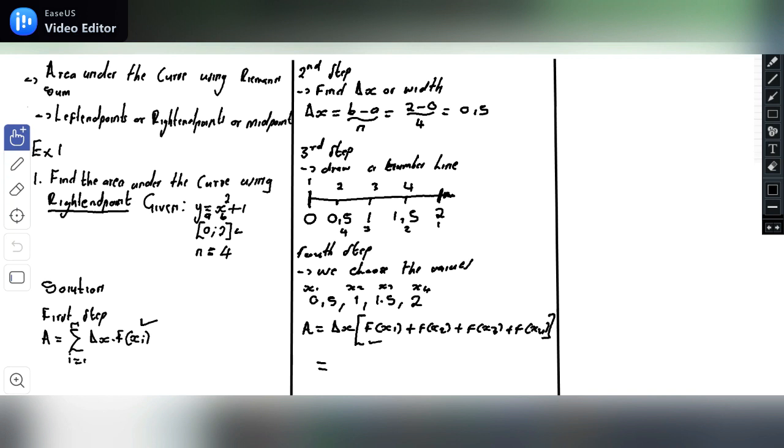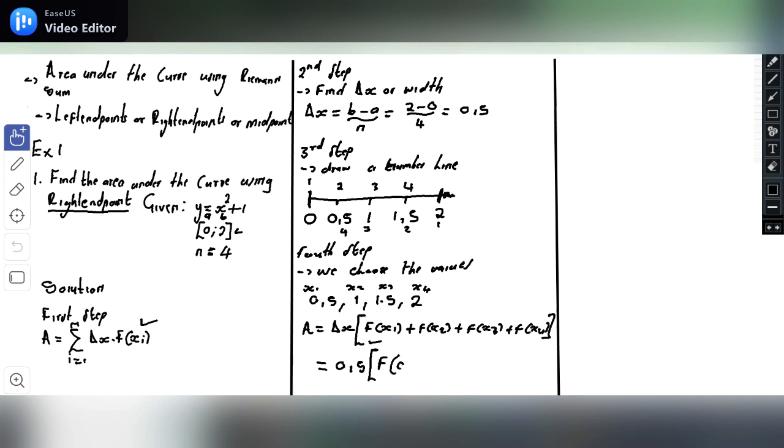You can start from 2 going to 0.5. You can say 2 is x1. We don't care about it because we are adding, so you're still going to get the same value, right? So now, what is the delta x? The delta x is equal to 0.5, right?